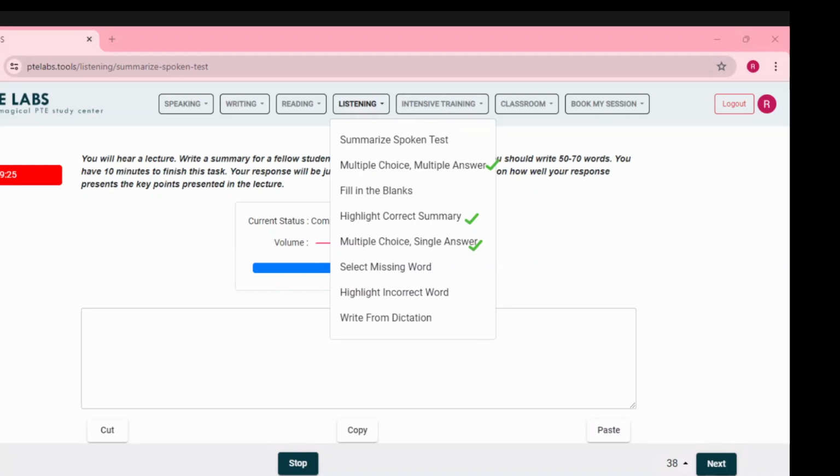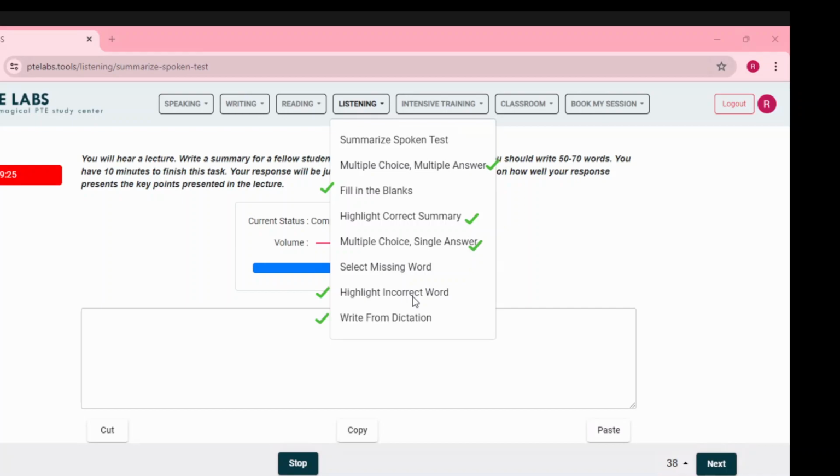And students, for the important components, fill in the blanks, highlight incorrect word, and write from dictation, take much time when answering these three components, and in fill in the blanks, improve your typing speed. Double check before you click on the next option.